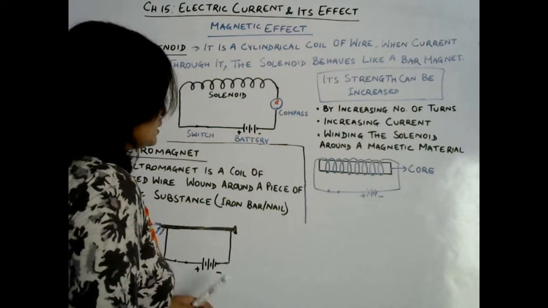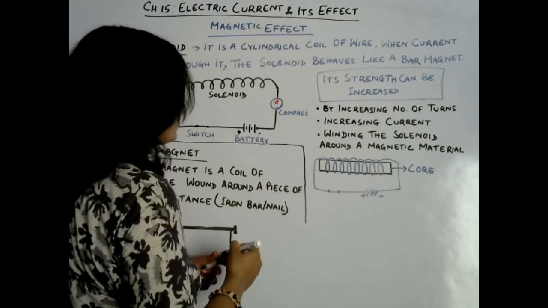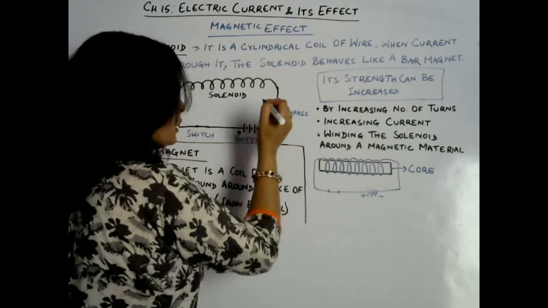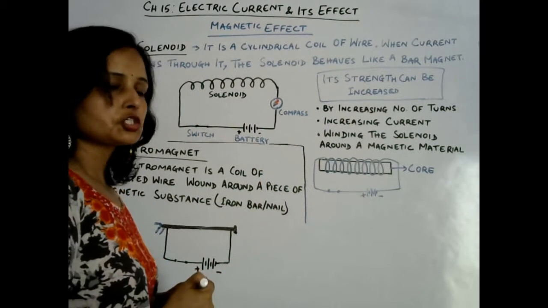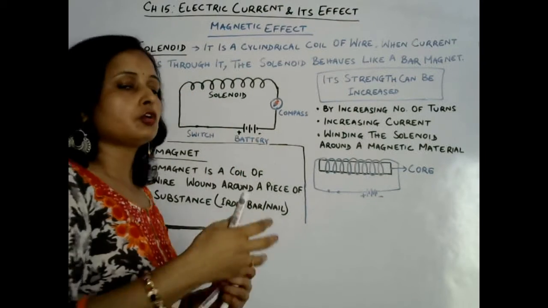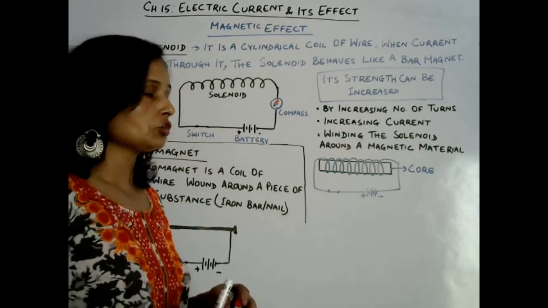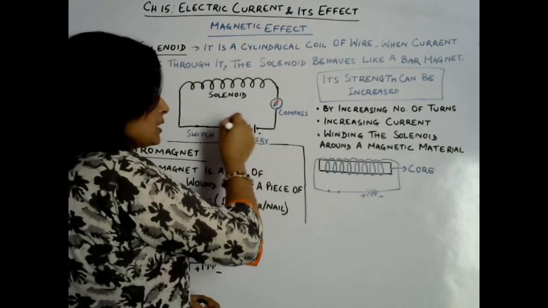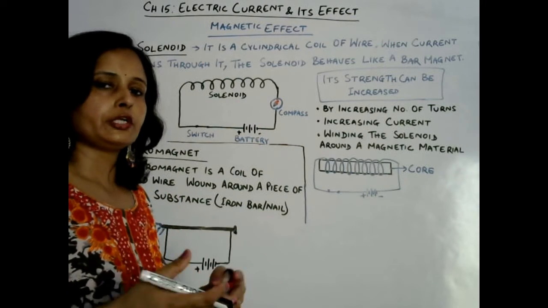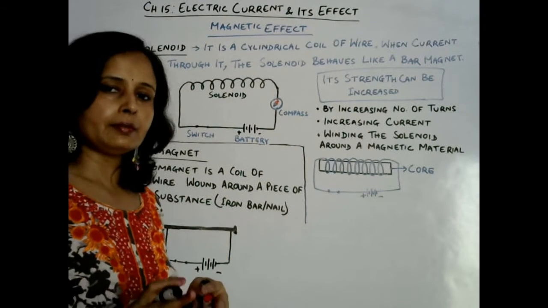Now it is no more in the position of north and south, as a compass needle normally stays. It will show deflection because of the supply of current through the solenoid, and the solenoid will behave like a bar magnet.